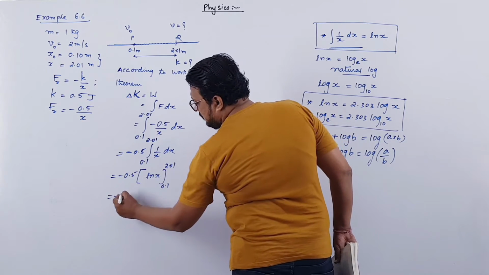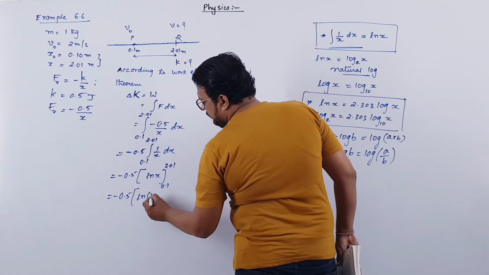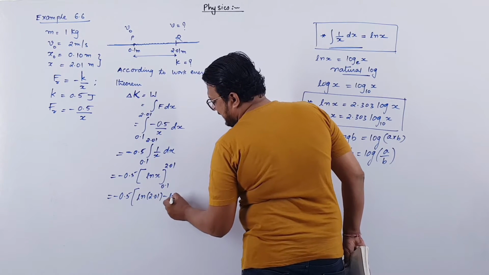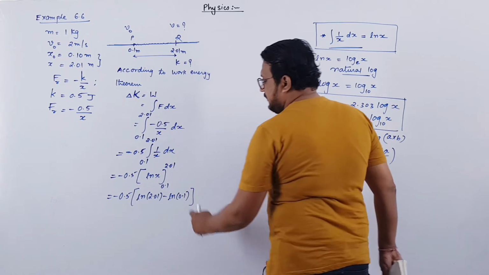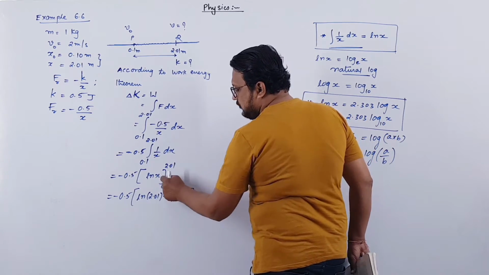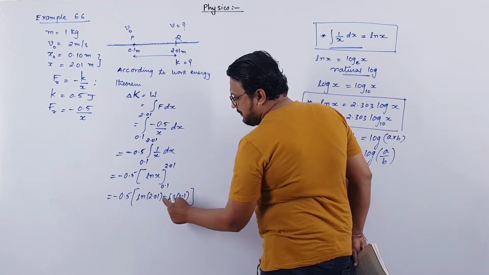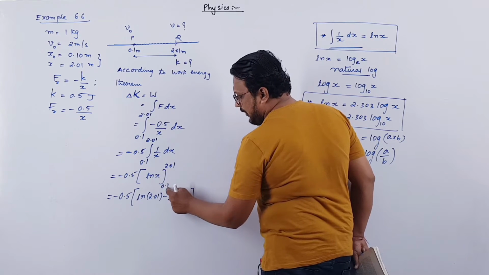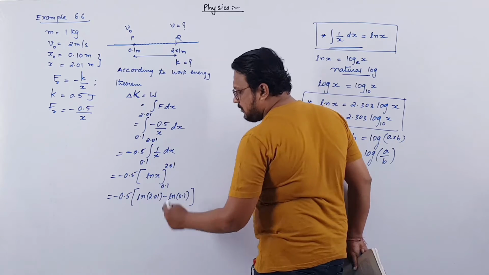This will be equal to minus 0.5 into ln 2.01 minus ln 0.1, upper limit minus lower limit. Upper is 2.01, so instead of x we put 2.01, minus the lower limit, so instead of x we put 0.1. So this is log a minus log b type.